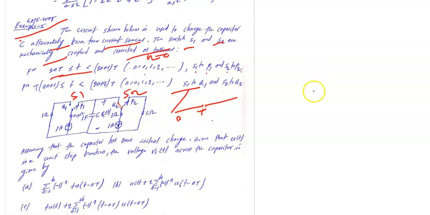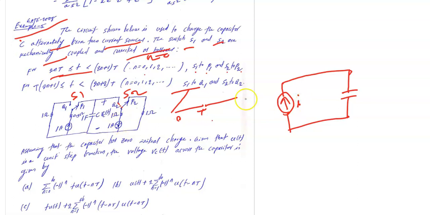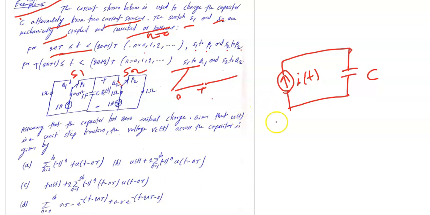So what does it mean? That means your capacitor is connected through a current. This resistor does not matter, because a series resistor across a current source does not make any difference in the circuit. So there is a current source in a single circuit. How am I representing it? You see, this is your IT, this is your C. Okay, right? I can write the IT in mathematical form.